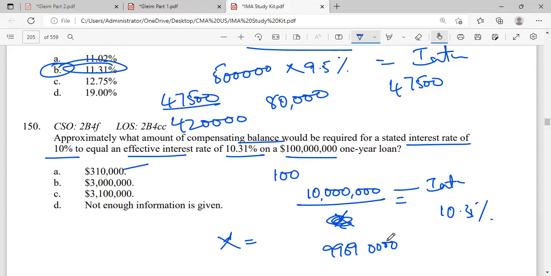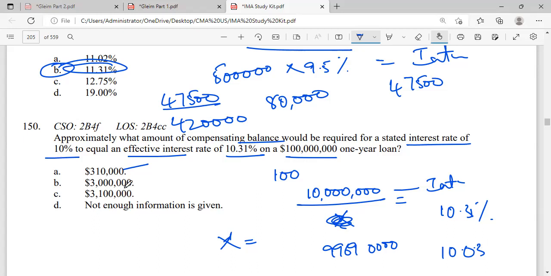So 10 million divided by 99,690,000 is equal to 10.03. So this cannot be the answer.